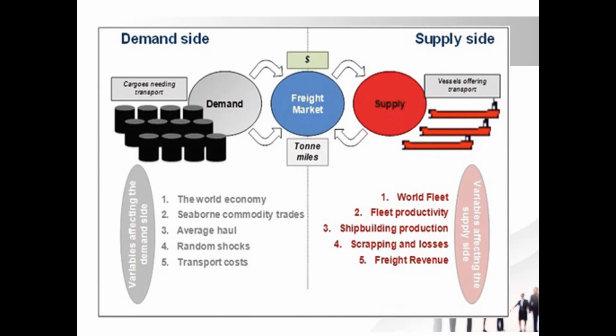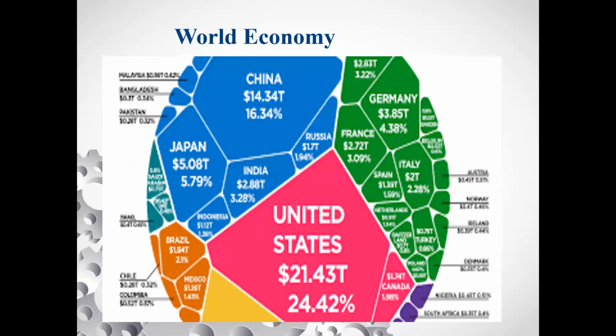The first factor affecting the demand side is the world economy. This is the most important factor influencing demand for shipping. The world economy generates the most demand for sea transport.